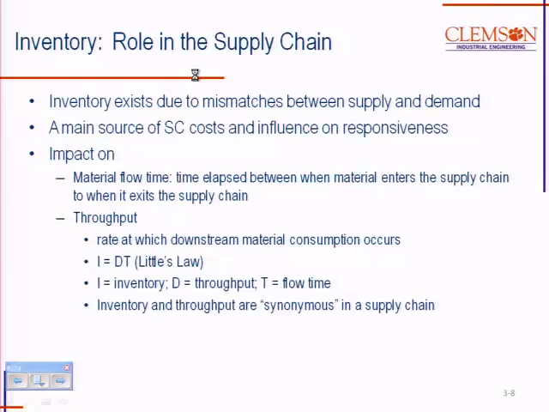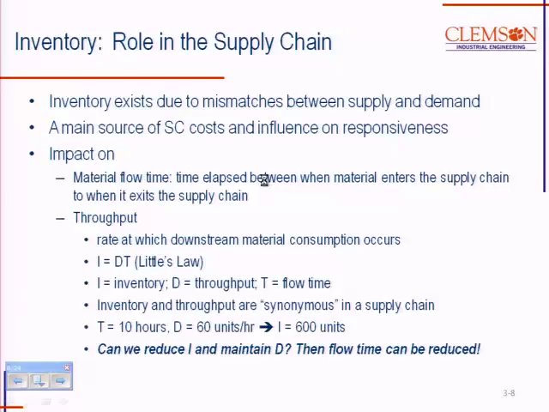These two concepts of flow time and throughput work directly with inventory to create a fundamental relationship that you've all had a chance to see before, and that's Little's Law, where inventory is the product of throughput and flow time.